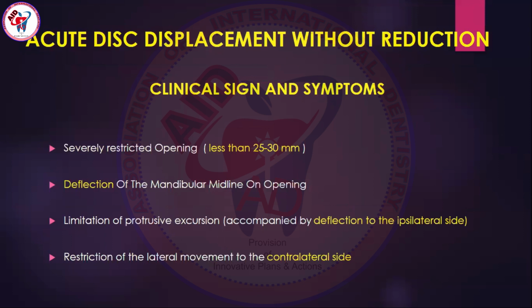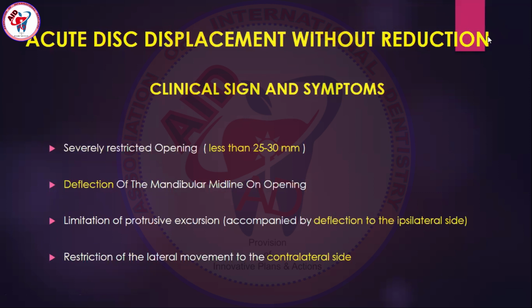So what are the signs and symptoms we will see? Severely restricted opening, because the disc is placed just in front of the glenoid fossa. When it is just in front of the glenoid fossa, it will not let the joint open widely. Then there is deflection of the mandibular midline on opening.